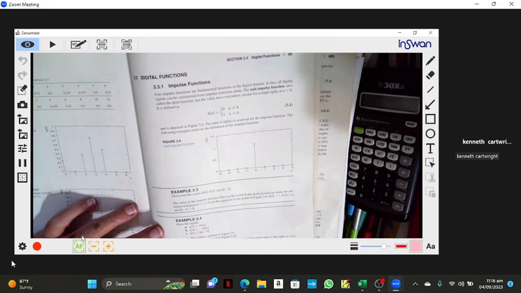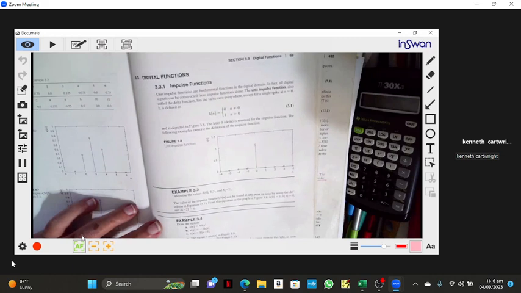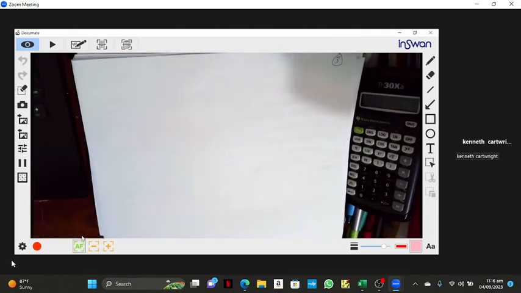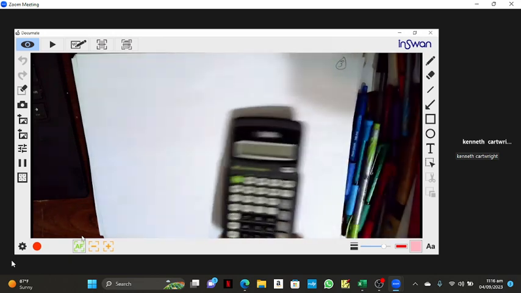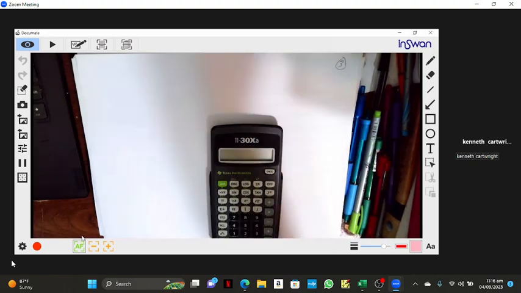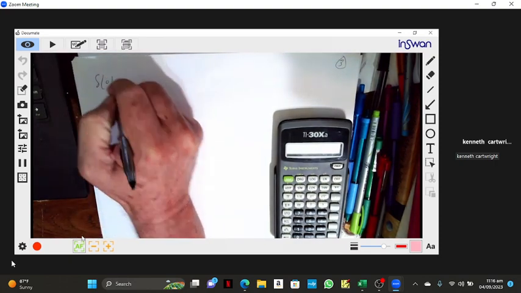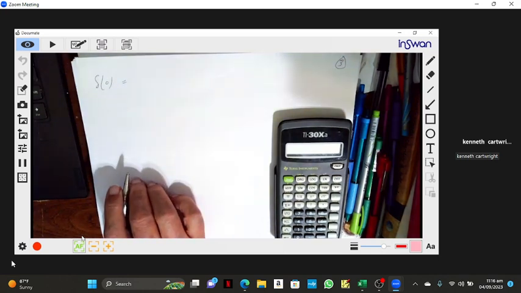So delta of n is a lot easier than delta of t. What's delta of 0 equal to?